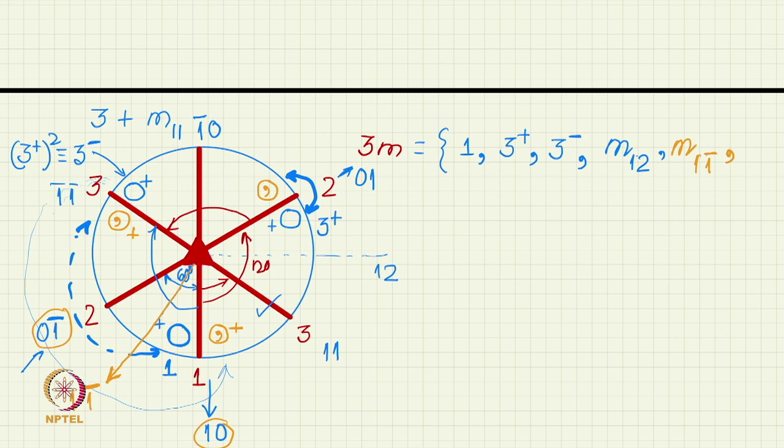And finally, the third mirror which is this one. The normal to that will be this direction, which is the sum of 1 0 and 1 1. So, that will be 2 1.